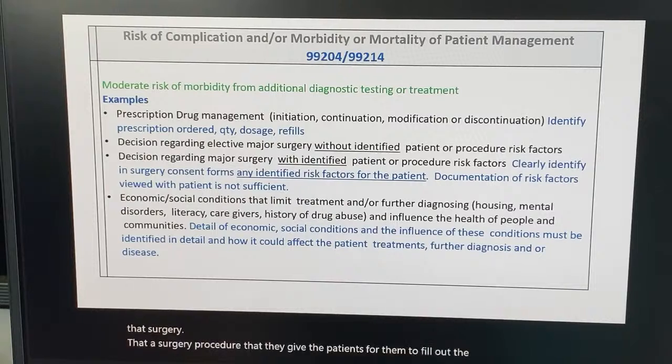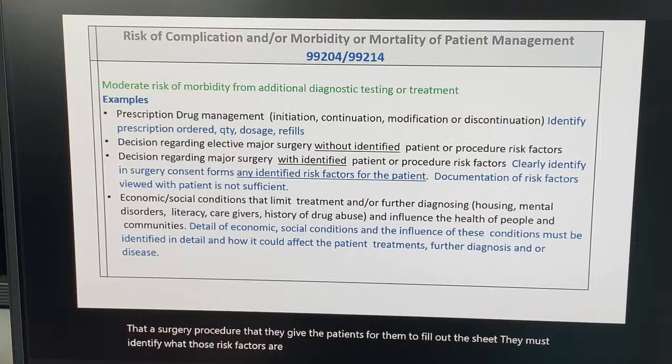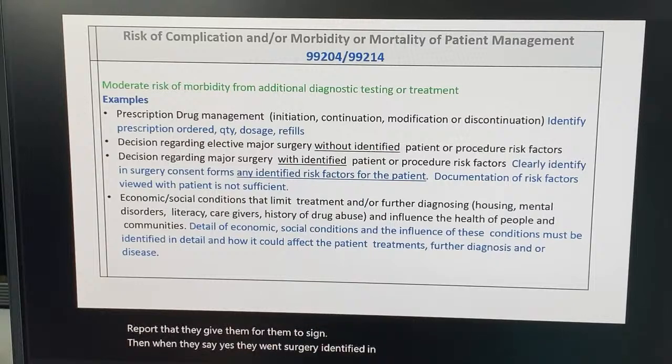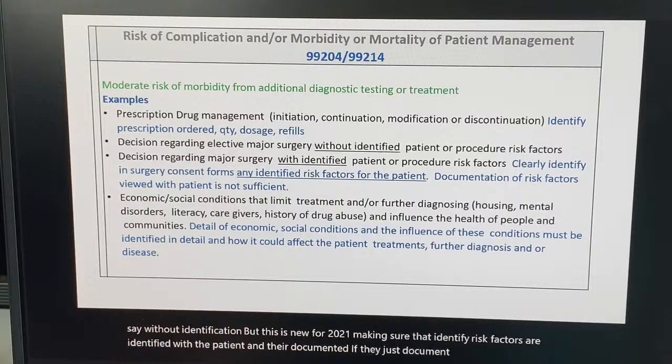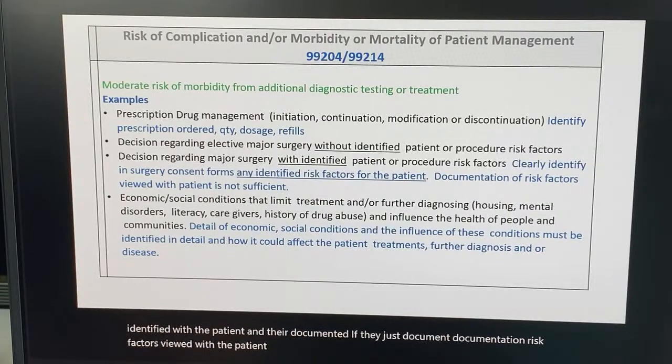You must identify what those risk factors are and make sure they are documented. If they don't have any, then it'll say without identification. But this is new for 2021, making sure that identified risk factors are discussed with the patient and documented. Just documenting risk factors reviewed with the patient is not sufficient. They have to identify what those risk factors are.